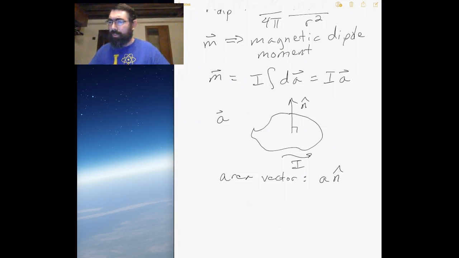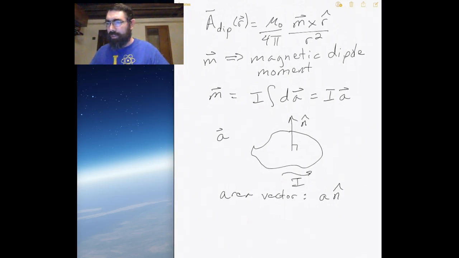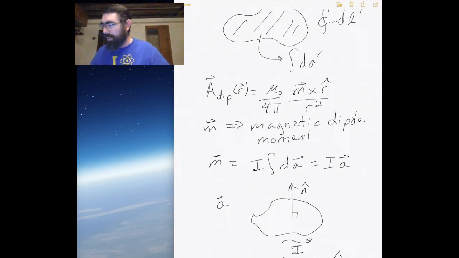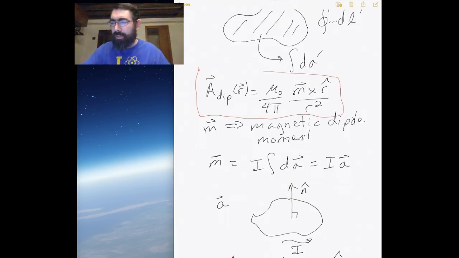Okay, so now we have this new formula for the magnetic dipole moment, which is analogous to the formula that we have for the electric dipole moment, where there's a 1 over r squared dependence, and then there's a dipole moment that you have to include in the formula.